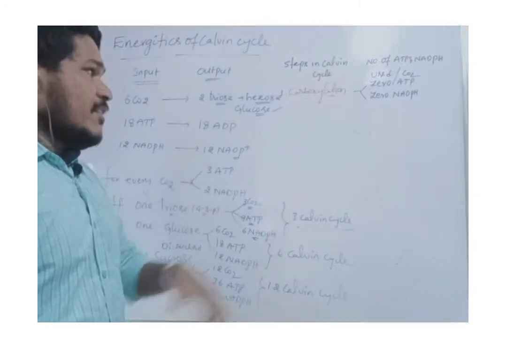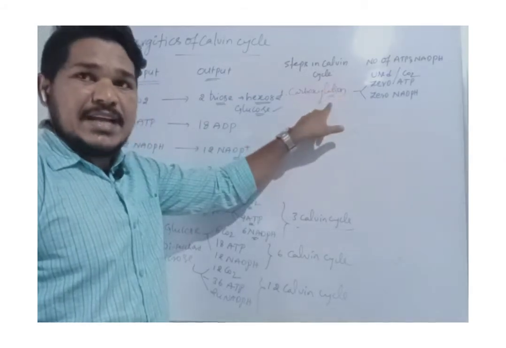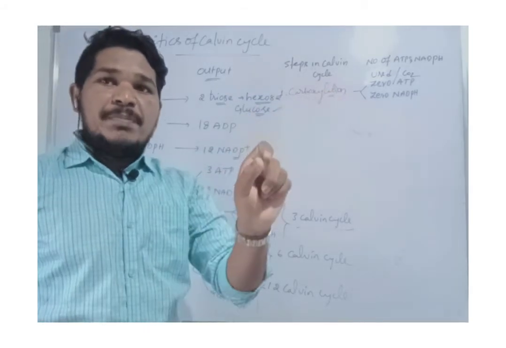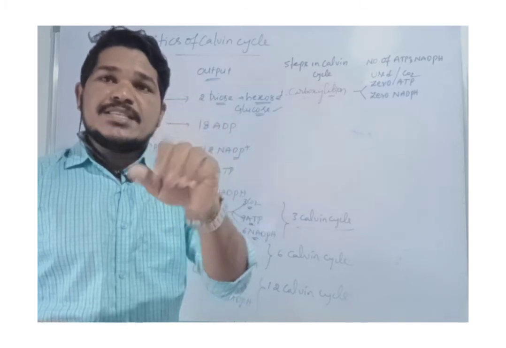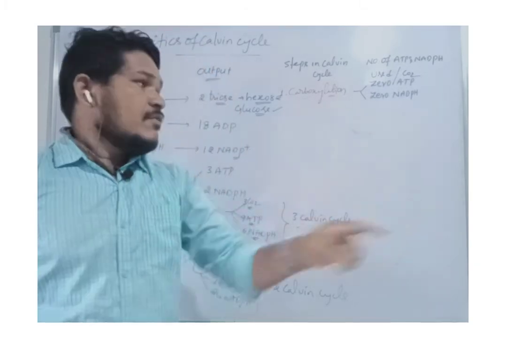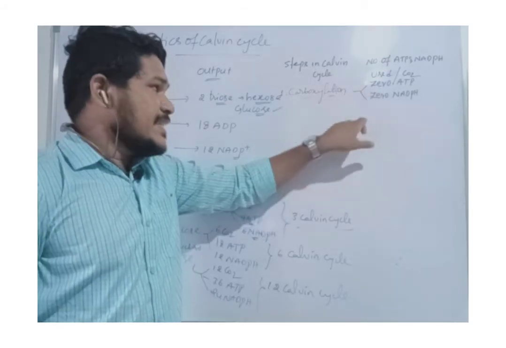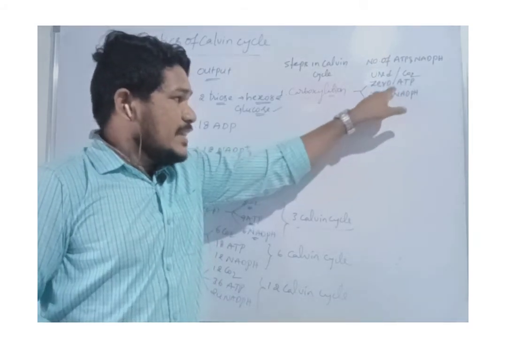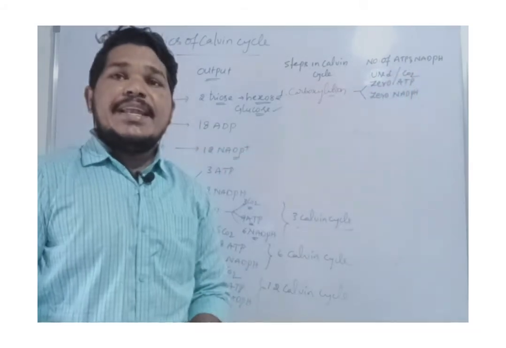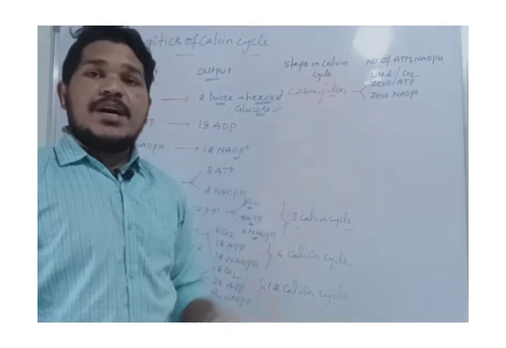If we observe the first reaction of the Calvin cycle, that is a carboxylation reaction in which 6 RuBP reacted with 6 carbon dioxide molecules and 6 water molecules, and further converted into 12 molecules of 3-phosphoglyceric acid. In this reaction there is no ATP utilization and no utilization of NADPH. So here 0 ATP, 0 NADPH in the carboxylation.